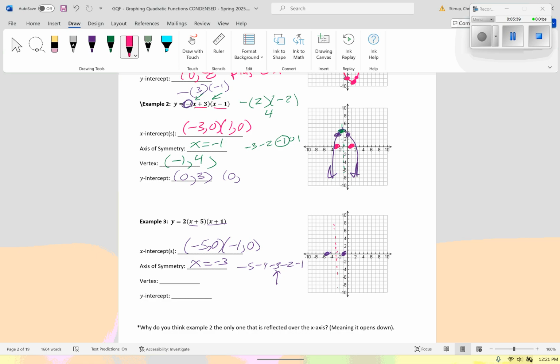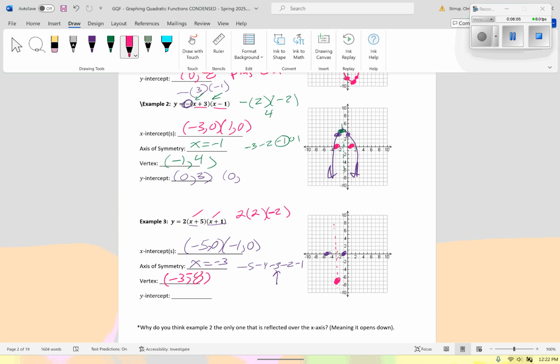My vertex, I'm going to take that negative 3 and I'm going to plug it into both of my x values. So I have 2 times negative 3 plus 5 is 2. Negative 3 plus 1 is negative 2. If I multiply that all together, I'm going to wind up with 8. And that should have been a negative 8. So that's down here.